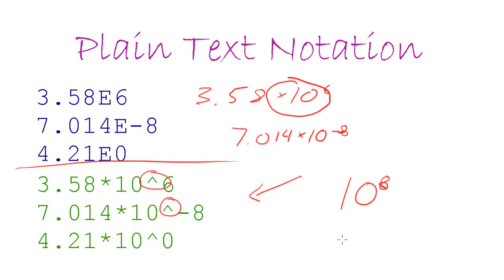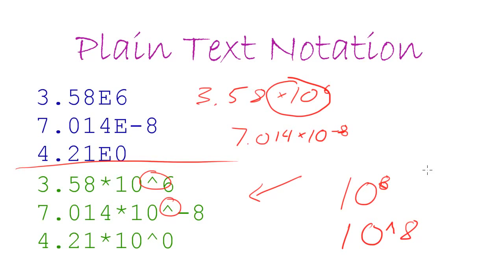So instead what they do is they type it like this. So you see this a lot whenever you're working with calculators because they have the same problems that computers do. It isn't really easy for them to display exponents, so they need a simple plain text way to display them. So that's why we have plain text exponents, aka plain text notation, whatever you want to call it.